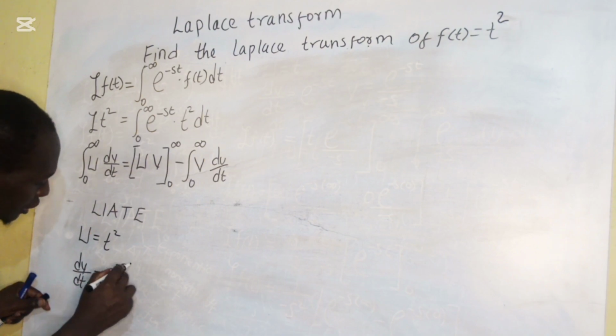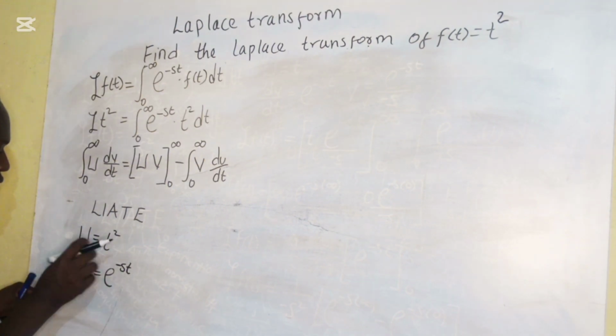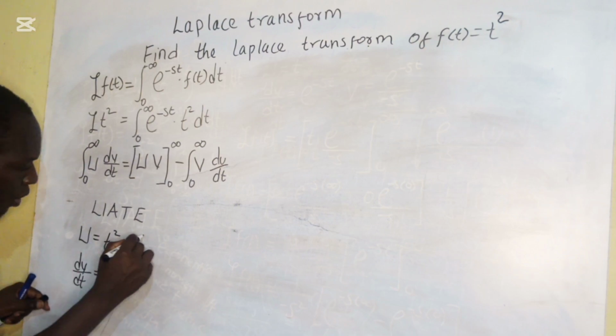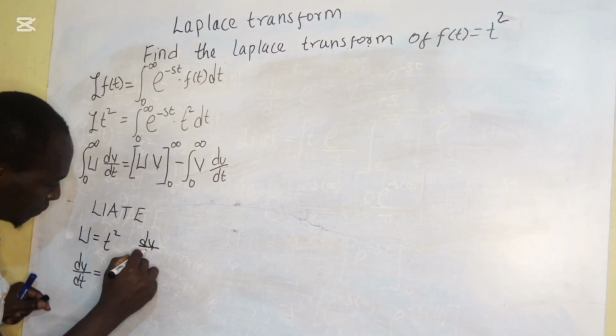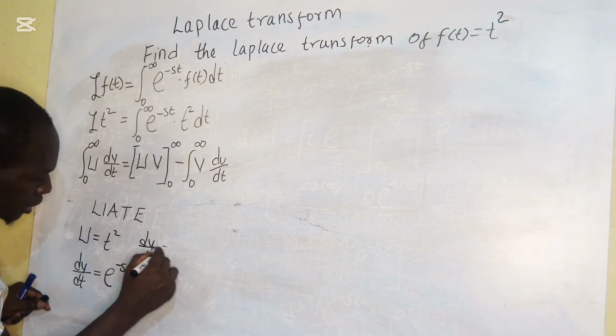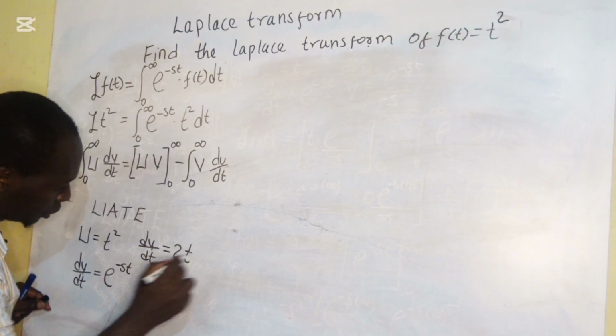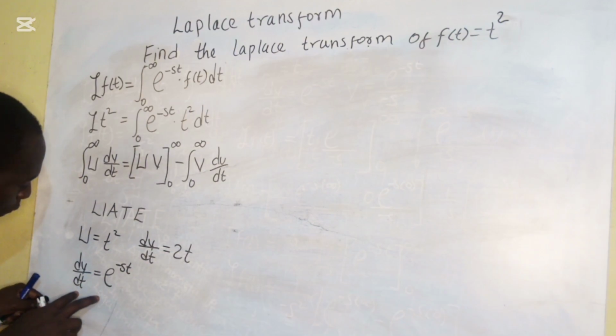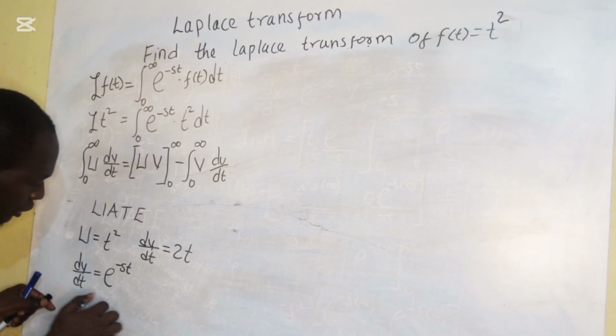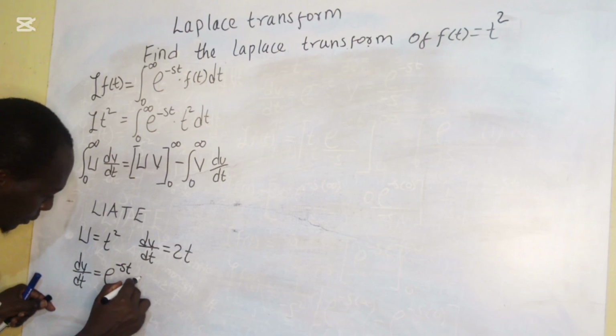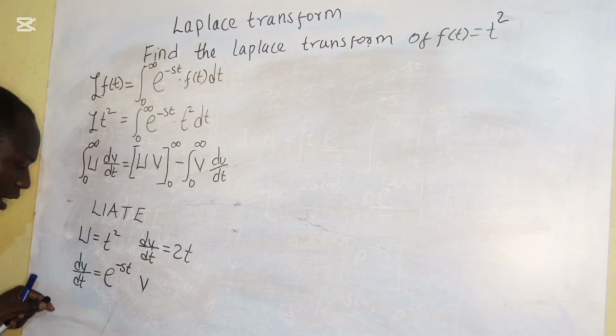exponential negative st. Our term of u, we are going to differentiate it, which is going to be 2t. Our term of dv with respect to dt, we are going to integrate.